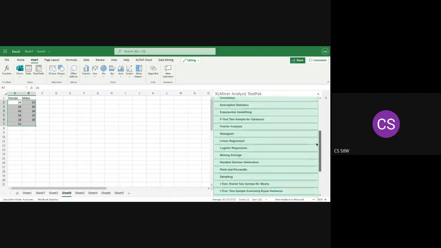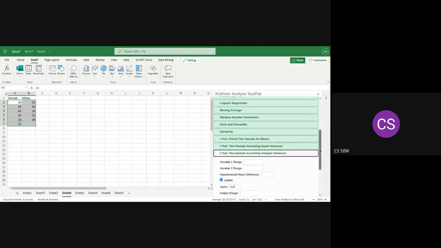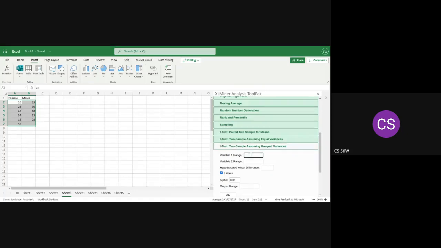So we'll say t-test assuming equal variances. We shall first take the first data set.